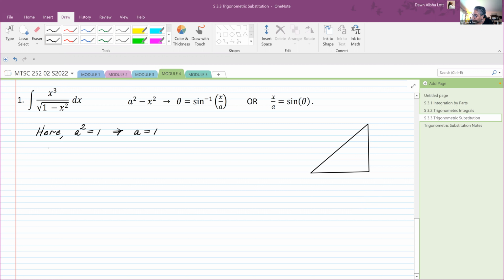Okay, and where I have x over a is equal to the sine of theta, that tells me that x over 1 is the sine of theta. So I can go over to my triangle and draw theta, and x over 1 is the sine of theta, and that means this side is the square root of 1 minus x squared. Okay, any questions about that?